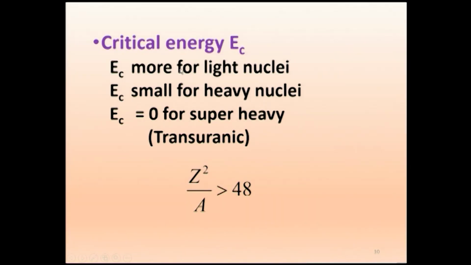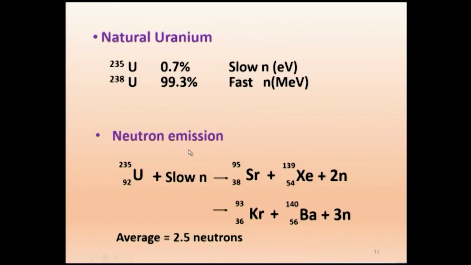Which nucleus you will use for a reactor, we have to take this as a check, and Z squared by A must be maximum for a nucleus to be used as a fuel in a reactor. Here we will just talk about natural uranium. It has 235 and 238, with only 0.7% of 235 and 99% uranium 238.